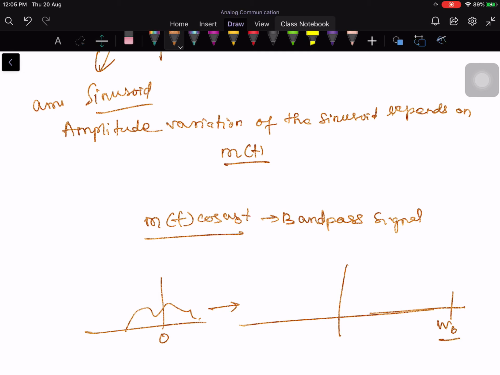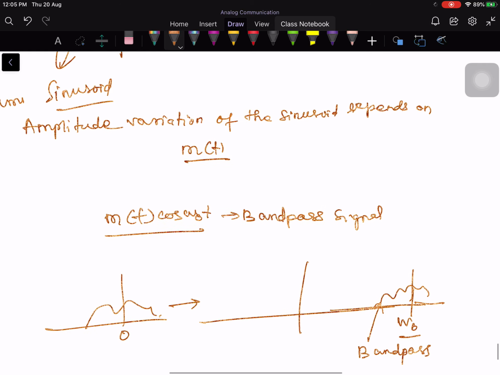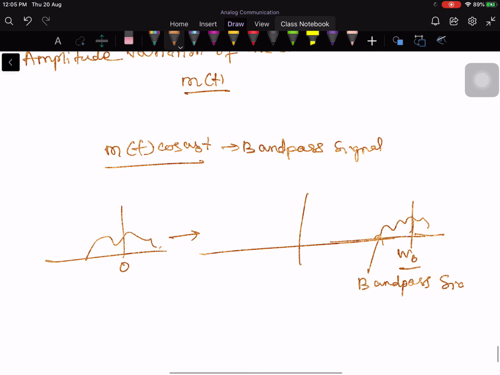Therefore the spectrum looks like this. So this signal is called a band pass signal. It is no more a low pass signal. Whenever you have a band pass signal, it is conveniently represented by using analytic signals and using the Hilbert transform.